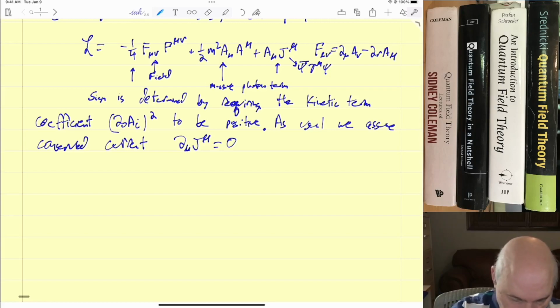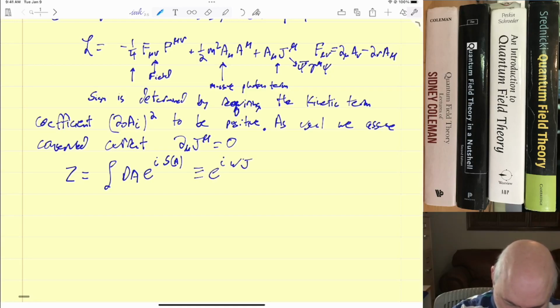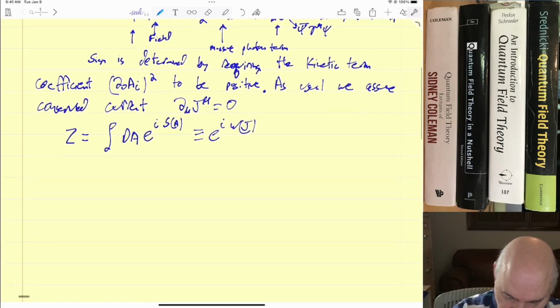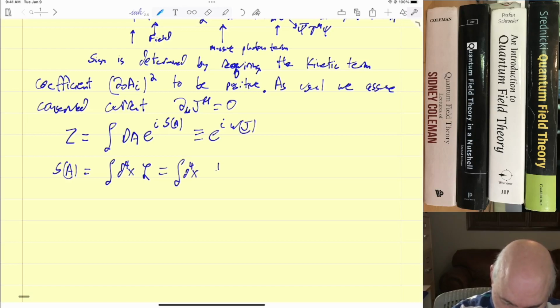So we get the usual, doing the same thing that we did in part A. We have Z equal to the integral dA e^{iS[A]}, and this is defined to be e^{iW(J)}. And the action, again as usual, is defined to be the space-time integral of the Lagrangian. And again, we'll do some partial integrations to get it in sort of a matrix form.